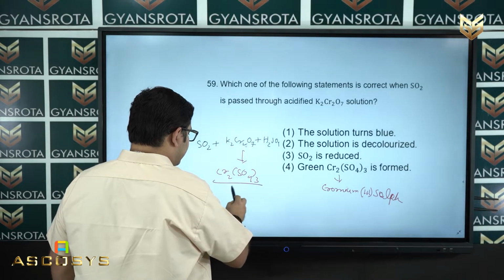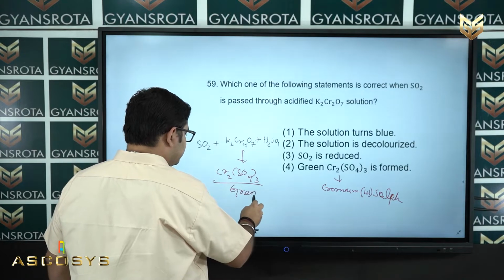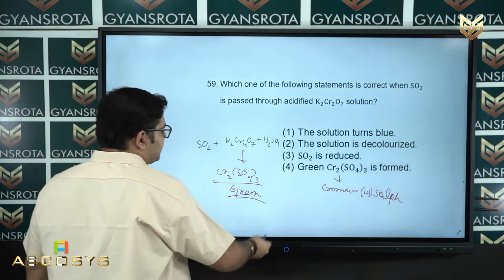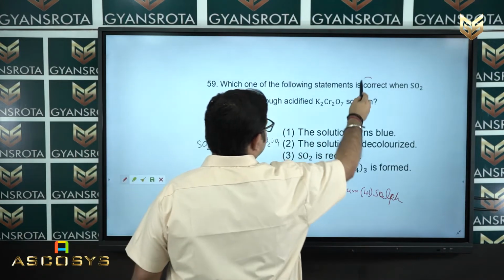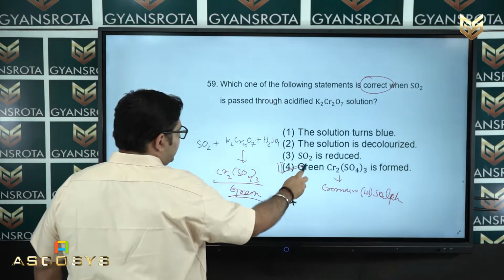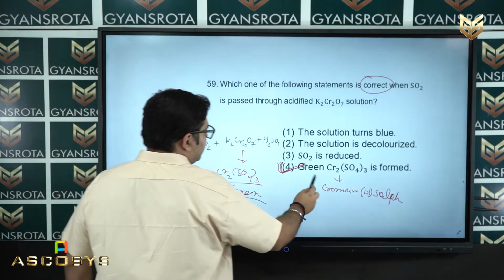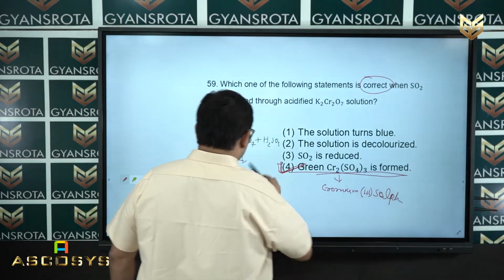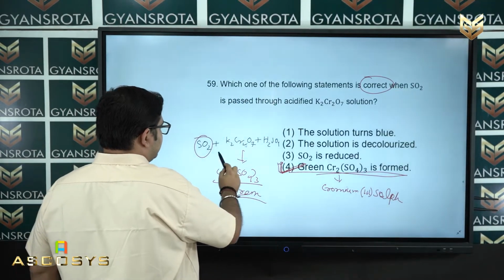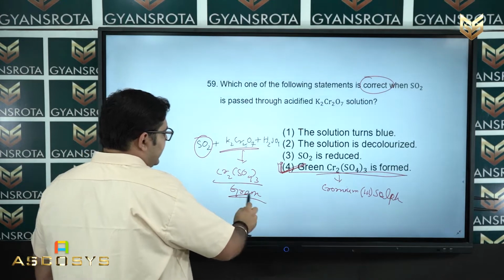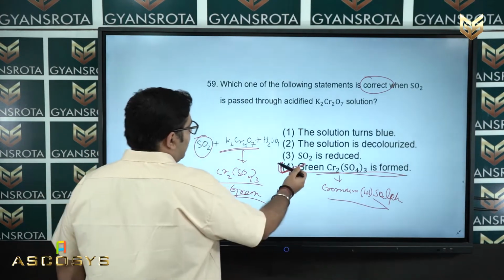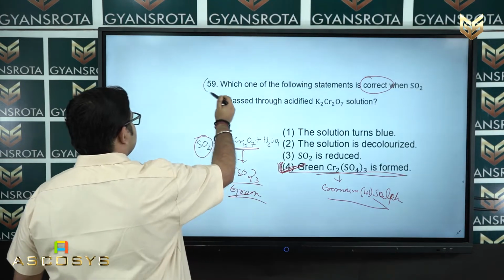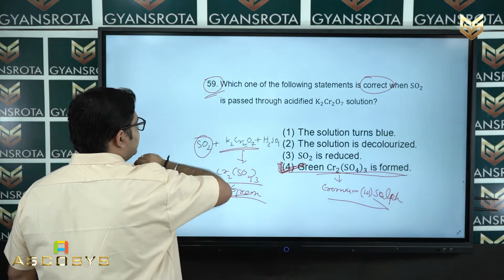Okay. So, this is a green color. So, if you see option number 4, they are asking for the correct statement. So, directly option number 4, because this is formed during this reaction of sulfur dioxide with K2Cr2O7, it gives this chromium 3 sulphate which is green in color. So, option 4 is the correct answer of your question number 59.